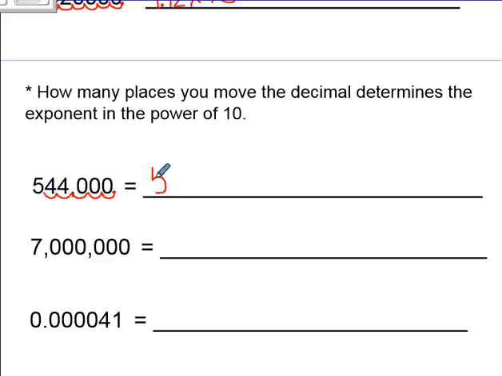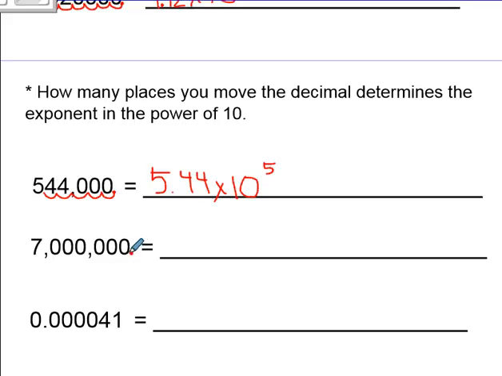So that's going to be 5 and 44 hundredths times 10 to the 5th power because I moved it over 5 places. All right, why don't you stop the video, hit pause again, and try this one on your own. And now we'll do it together.